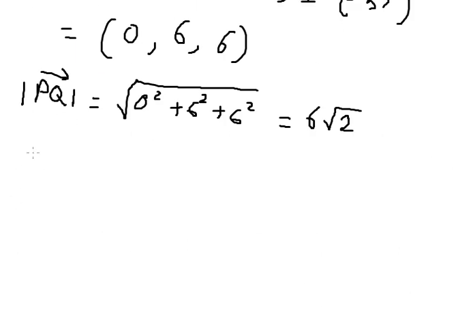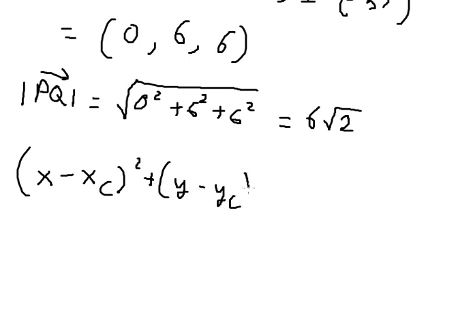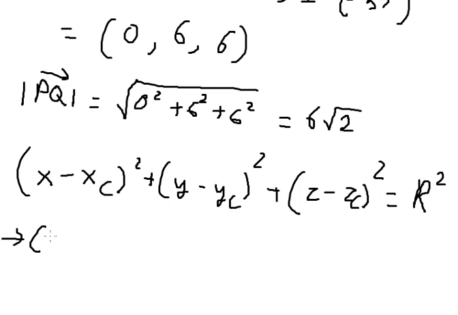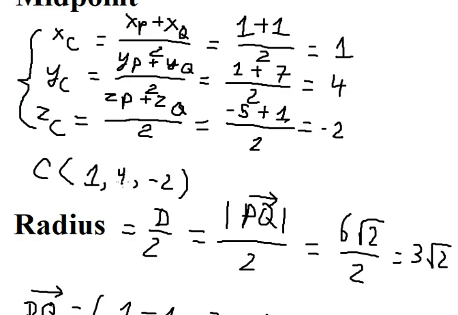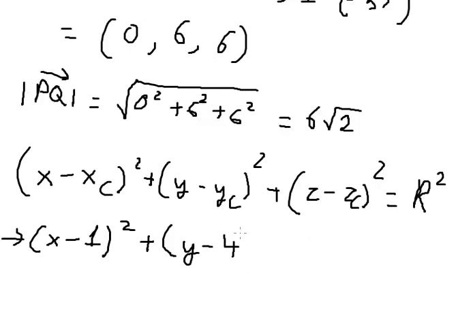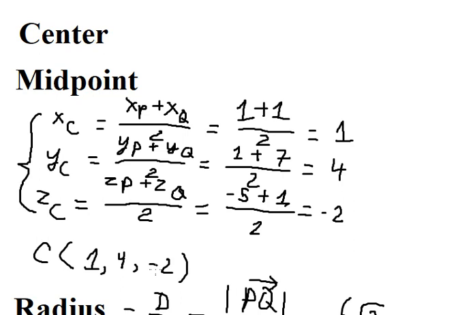Now we can apply the formula of the sphere. So we have XC, that is 1, YC, that is 4, and ZC, that is negative 2.